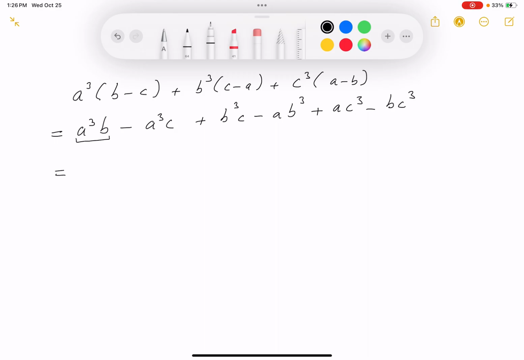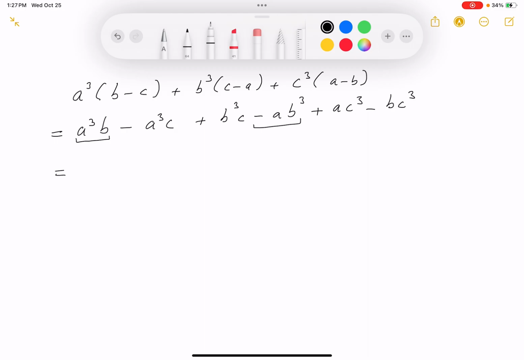So let's just do this A cubed B. And let me look for another one. I got to look around, right? I see nothing with an AB in it. I see these two.